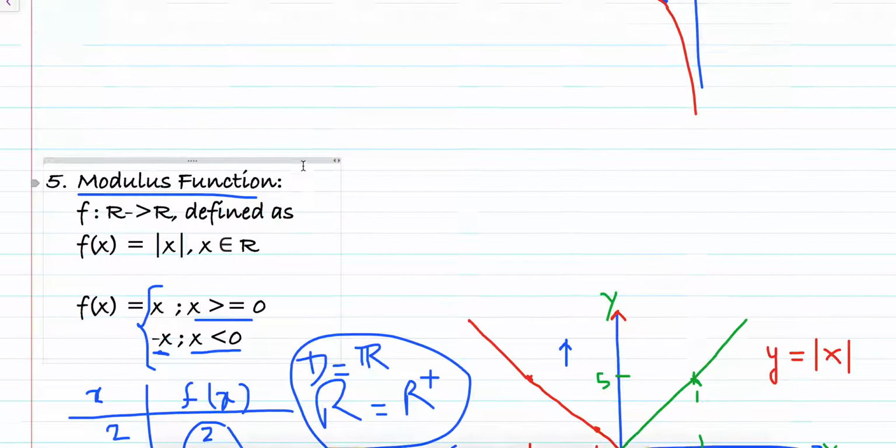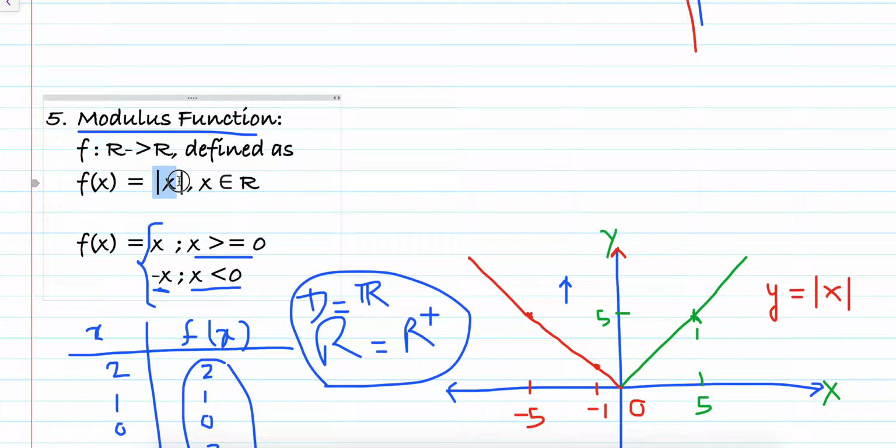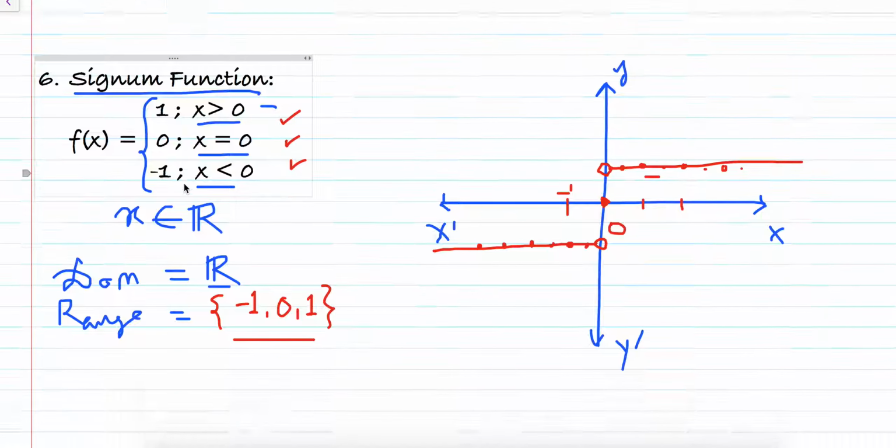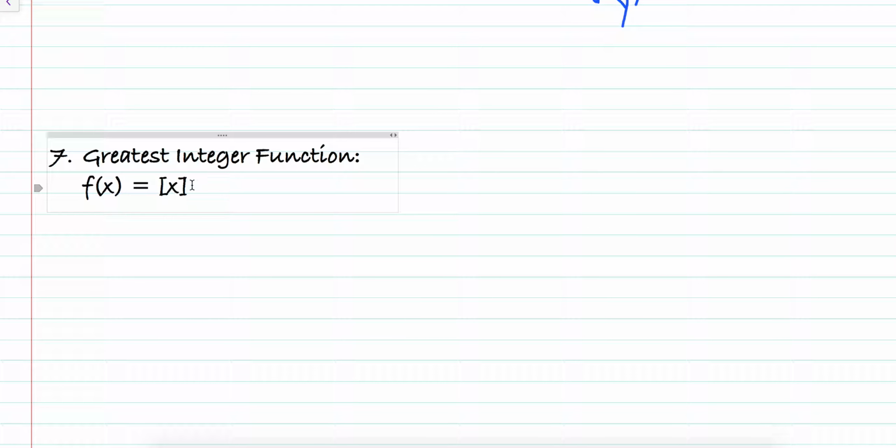For a modulus function we had straight bars. For the greatest integer function we use square brackets. So we will denote it as this, and here again it's defined for all values of x.